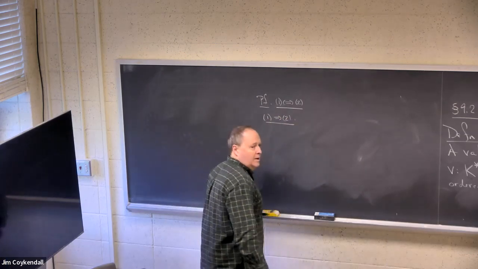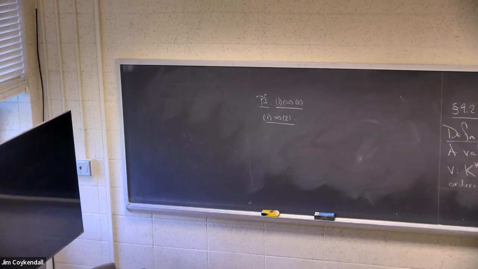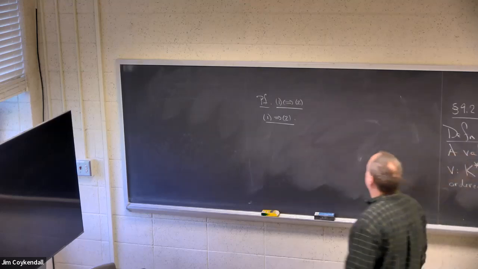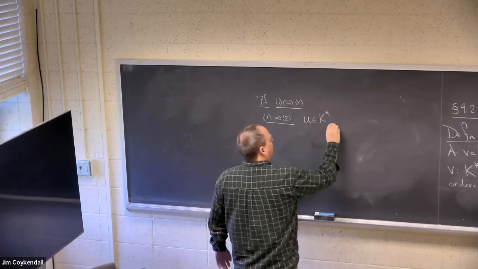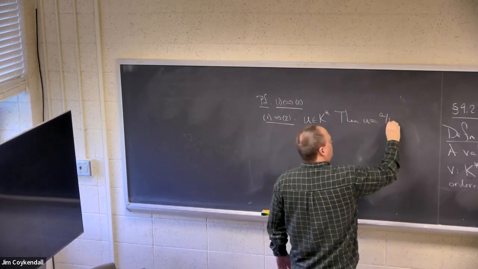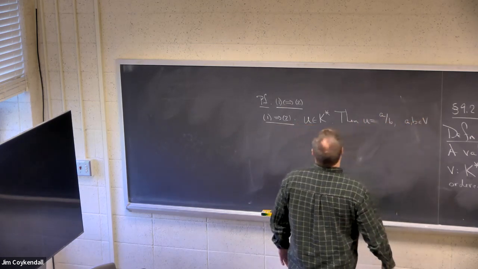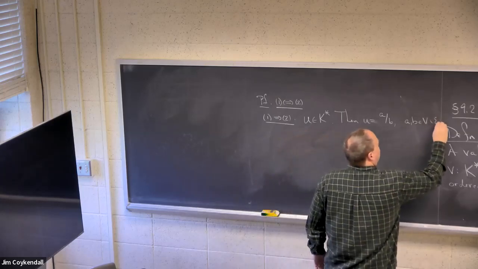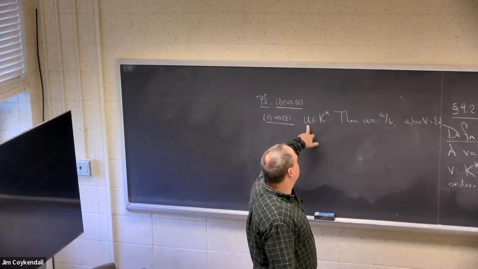Okay, so suppose that for every pair of non-zero elements of V, one of them divides the other. Let U be a non-zero element of the quotient field.